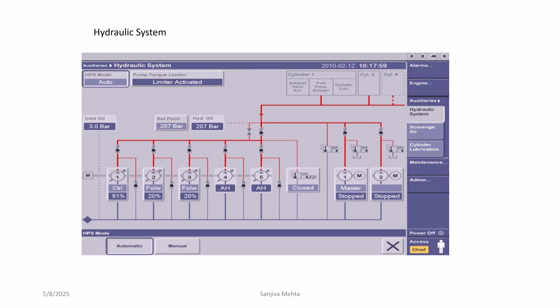If demand reduces, the control pump will immediately reduce by changing its swash plate to start pumping a lesser amount of oil. Then the follow-up pumps will start reducing their swash plate angle in such a way that the discharge quantity reduces. The control pump will gradually come up to 50%. That's the way it is.